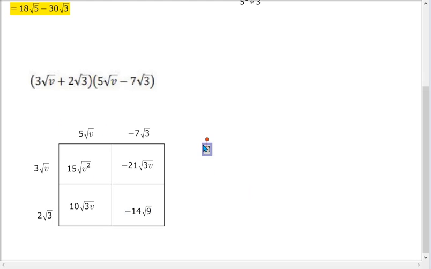Then, to solve this exercise, you are going to add this plus this plus this plus this. So we are going to have 15 square root b to the second, minus 21 square root 3b, plus 10 square root 3b, and finally minus 14 square root 9.